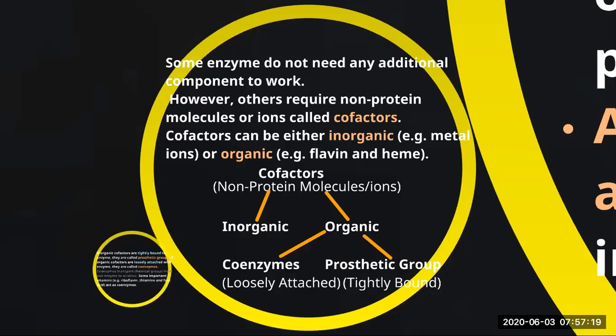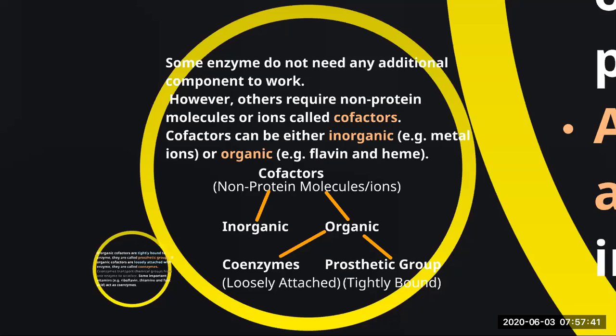You know what inorganic things are? The chemical compounds other than carbon are called inorganic compounds. Among inorganic cofactors, metal ions are used. And among organic cofactors, the examples are flavin and heme.